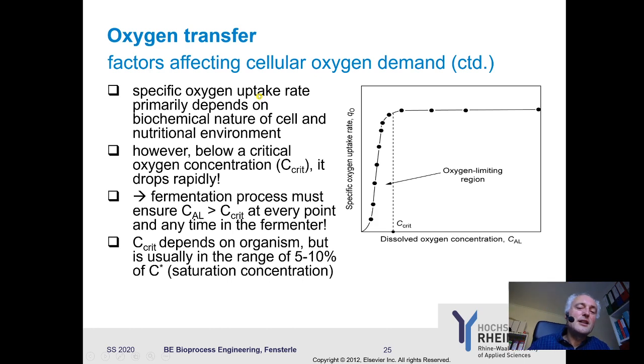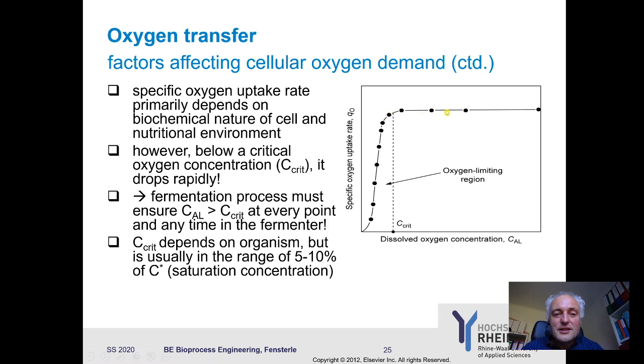Now, if I look at factors affecting the cell oxygen demand, of course the oxygen uptake depends on the biochemical nature of the cell and what nutrients I actually provide. So, for example, if I feed my cells on a highly reduced substrate like hydrocarbon compared to a carbohydrate, I assume that my oxygen demand will be higher with hydrocarbon, because it's more highly reduced.